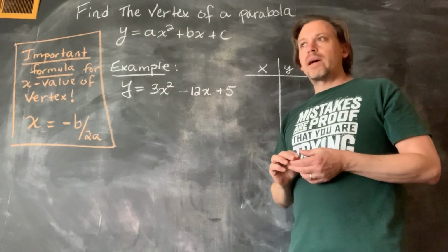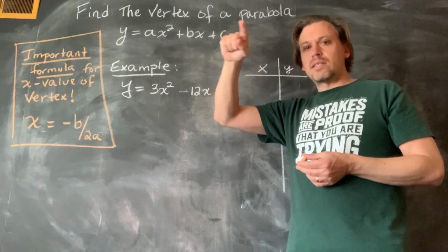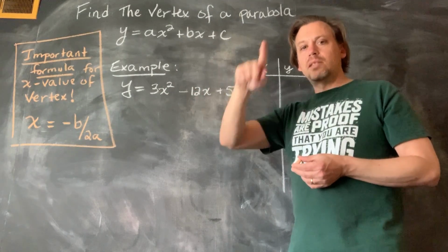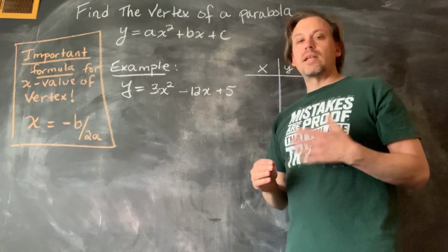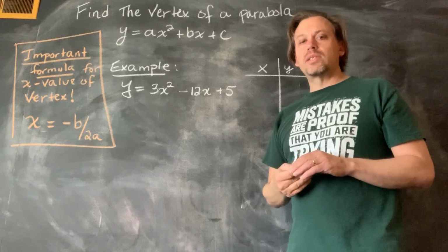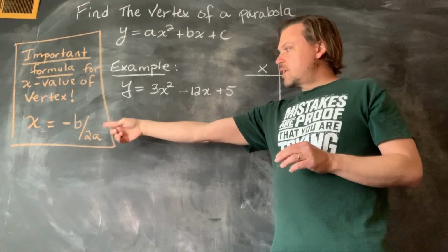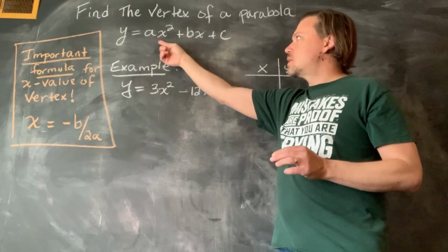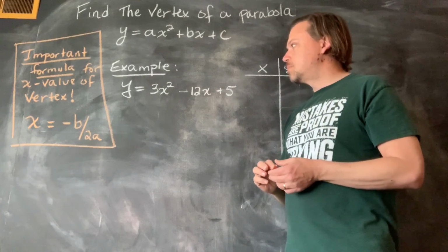The vertex of the parabola is just the point that's either the maximum if it's a downward facing parabola, or the minimum if it's an upward facing parabola. And so there's an x value and a y value for that, and we'll start with the x value. So the formula is negative b over 2a, using a, b, and c as the values.